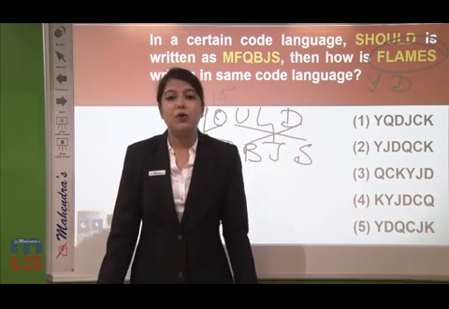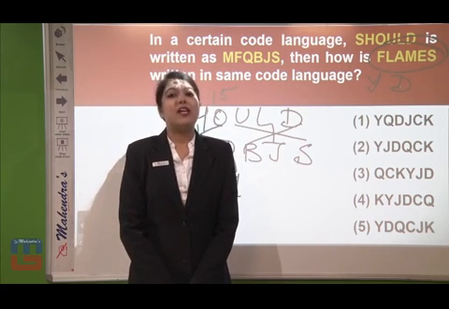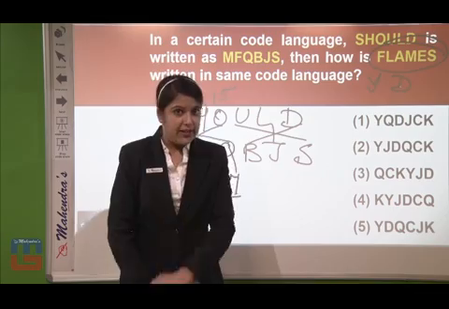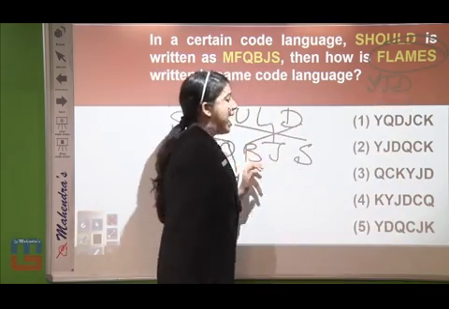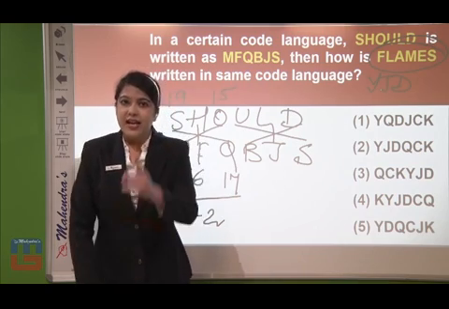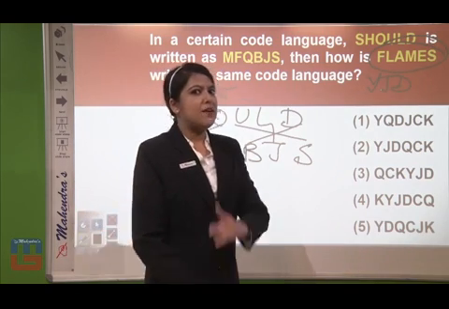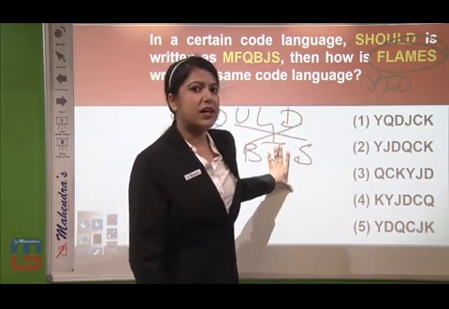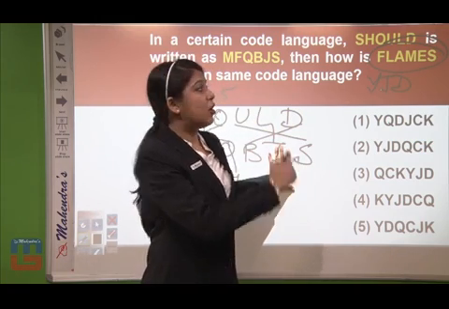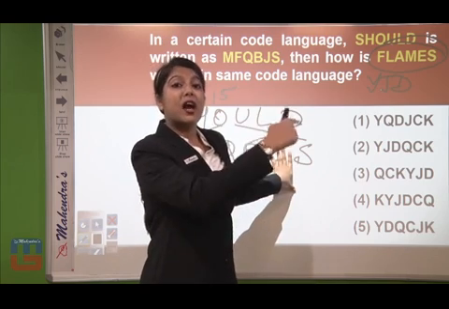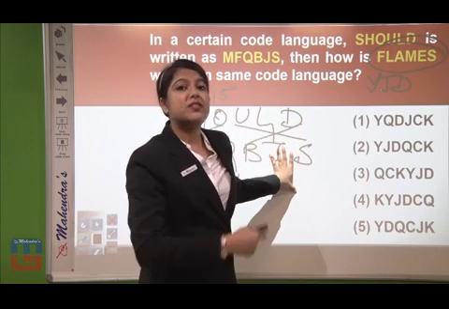Same way talking about L. L's place value is 12 -2, 10. Definitely the 10th place value letter is J, so Y, J, D. Now see candidates, one thing if you can view on the screen or you can visualize the pattern of options, I don't have to get all the 3 letters coming beyond FLA to be solved.